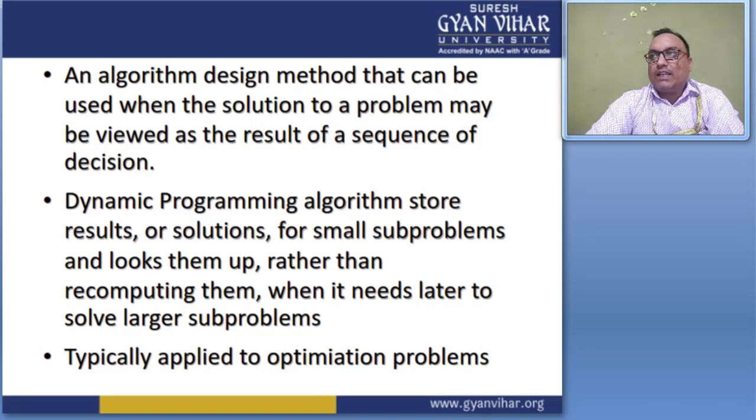Whereas in dynamic programming, the same subproblem will not be solved multiple times, but the prior result will be used to optimize the solution. The main objective is to optimize the solution of the problem.